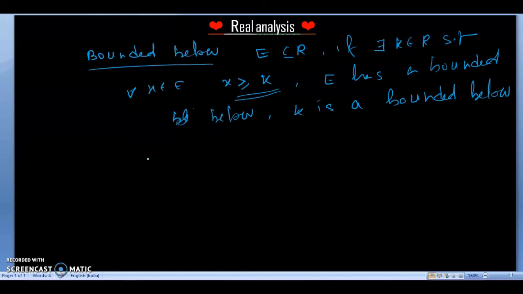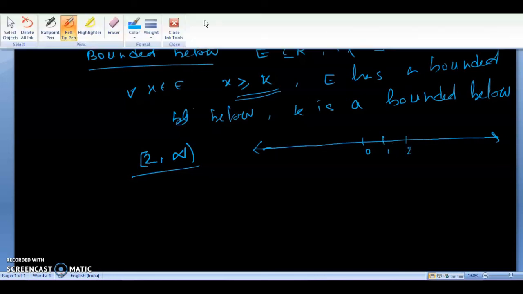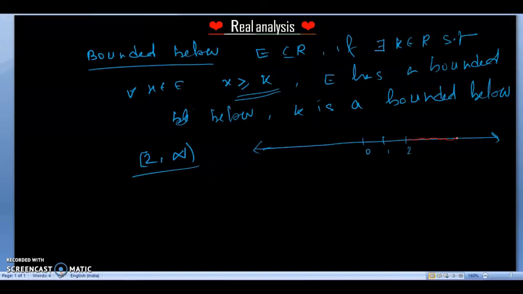Let's understand with an example. Take the closed interval 2 to infinity. If you draw a number line, 0, 1, 2 and so on, 2 to infinity is basically this portion. Now suppose we take the number 0.